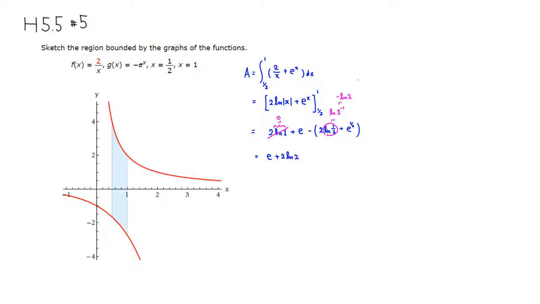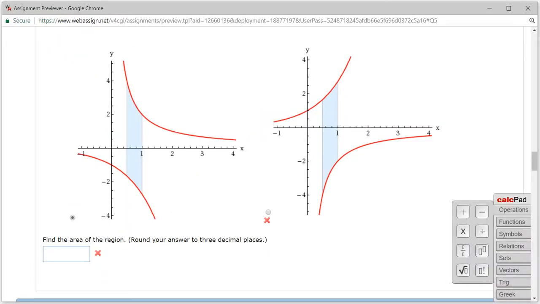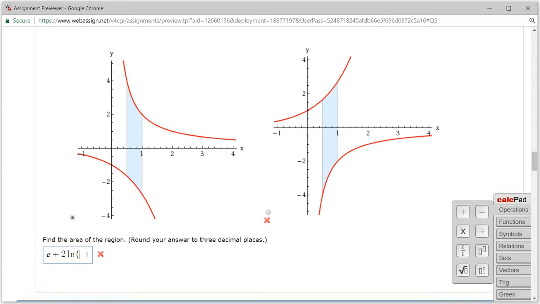Then minus e to the 1/2 power is the square root of e. So let's type it in: e plus 2 times natural log of 2 minus square root of e.